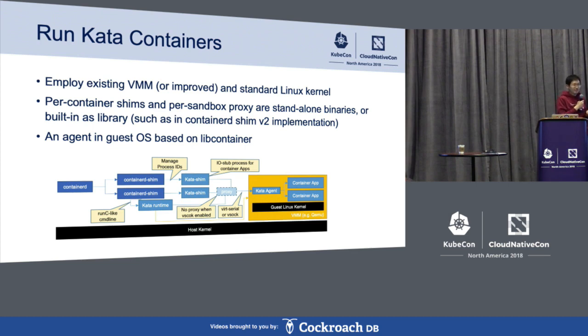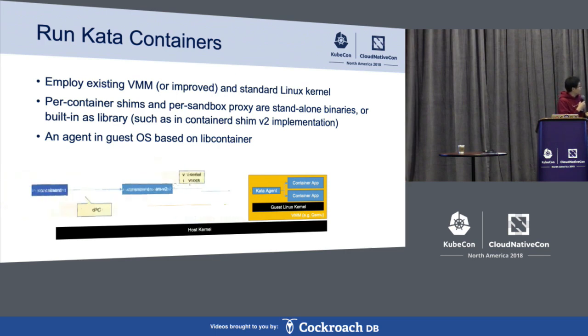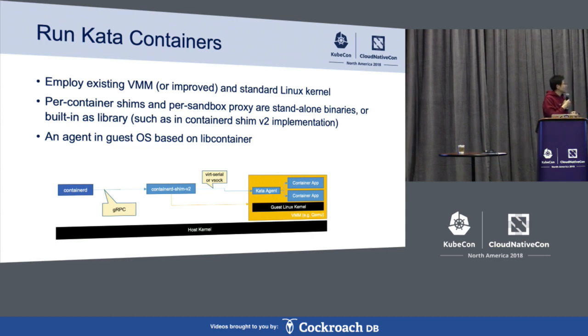But when you do ps, it looks a bit complicated. From version 1.5, we made these things simpler. If you use containerd with shim v2, you can have a much cleaner setup like this. And later for CRI-O, we have a similar way.